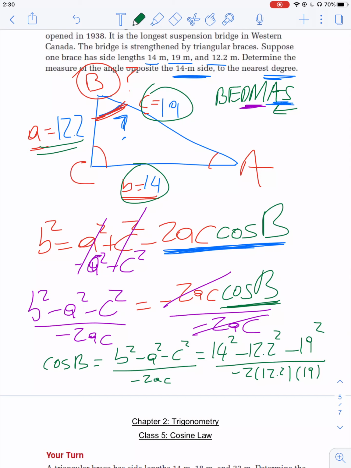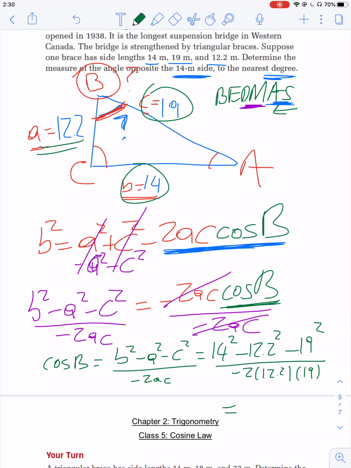Again, running out of space, so I'm just going to put my answer over here. So let's work this out. 14 squared minus 12.2 squared minus 19 squared equals a negative number. Divide that negative number by minus 2 times 12.2 times 19, and then it will become positive, okay?